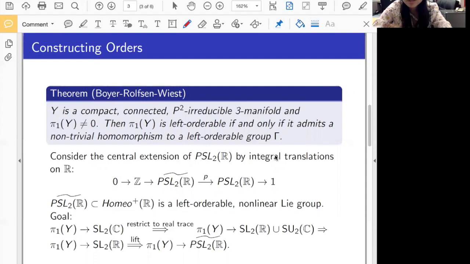But in practice, what left orderable group gamma should we choose here? Well, one choice is to use the group PSL2R tilde. And now let me tell you what it is. We know the group PSL2R acts on S1 by Mobius transformations, and we can lift this action to the real line by extending the action by integral translations.